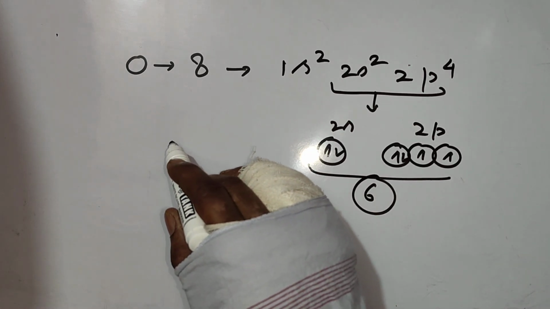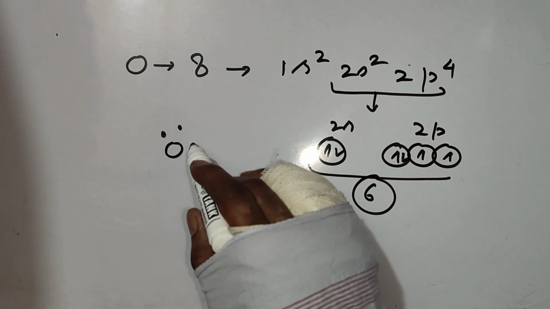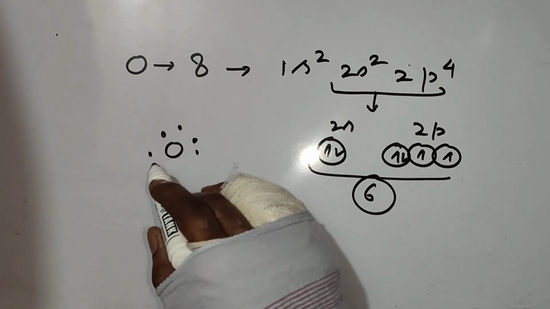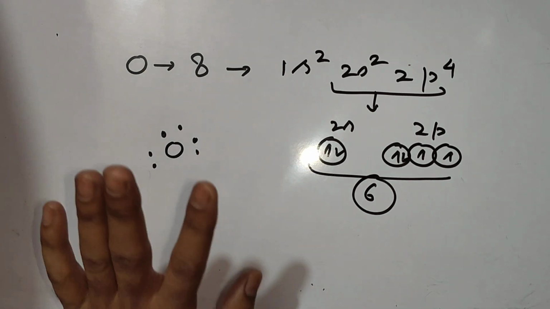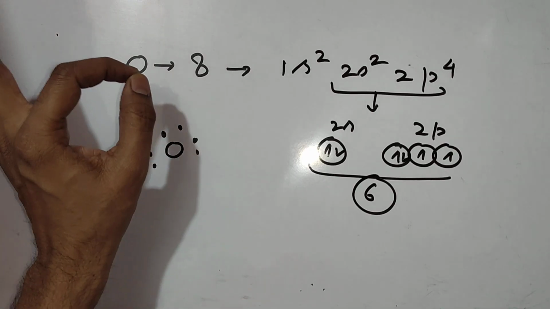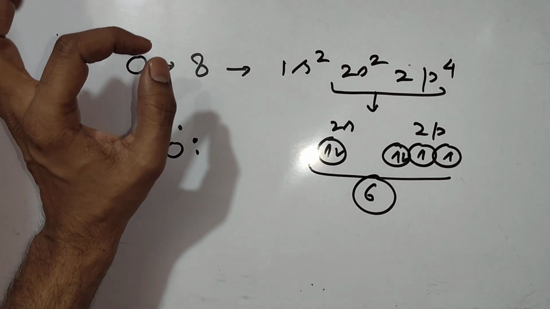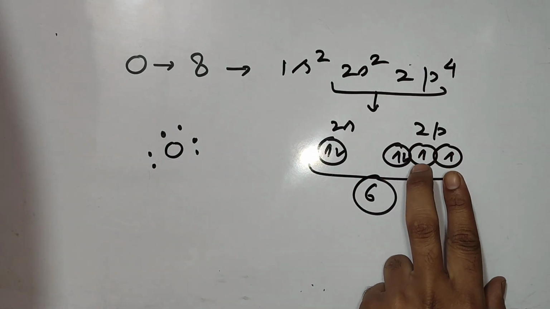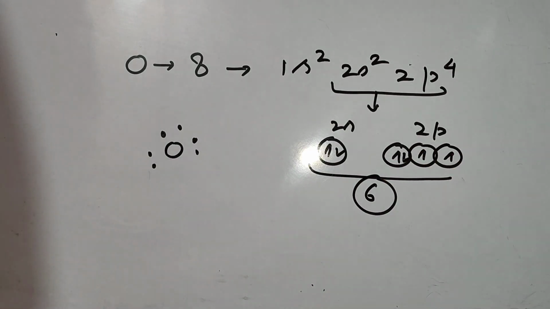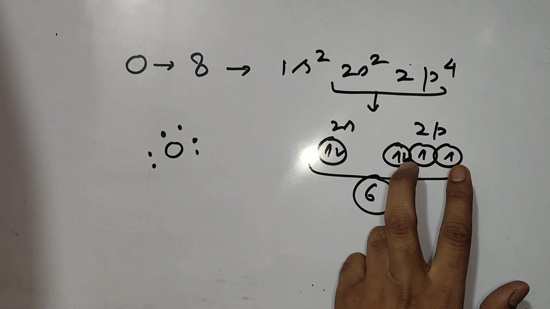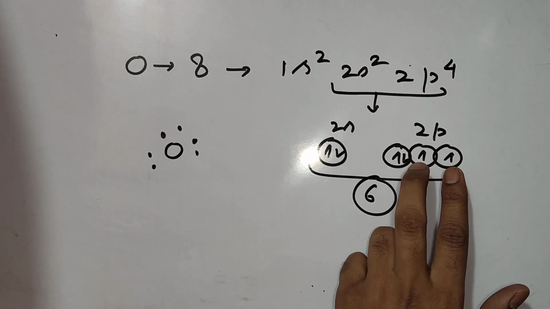Please check all the 3 nascent oxygens that I have drawn, they have 6 electrons around themselves. It means they are nothing but a neutral oxygen atom. And a neutral oxygen atom has a tendency to gain 2 electrons. Please check the 2p orbital. 2 electrons can be added in these orbitals.